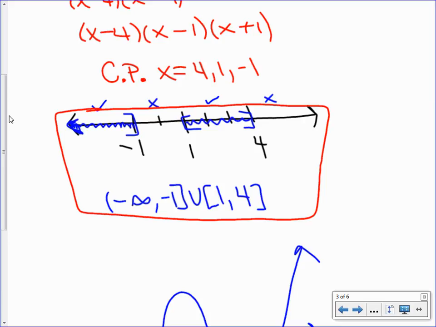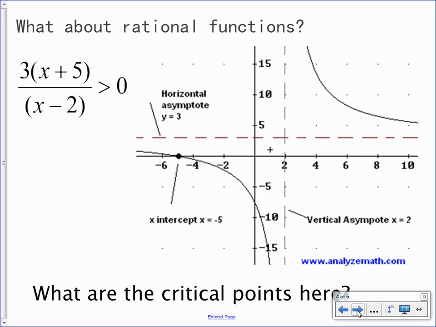All right. What if I gave you an inequality that was rational? Okay. So here, I have this inequality, and I have the graph. I want you to look at that and think about what our critical points would be here. What would be our critical values if we had a rational function?